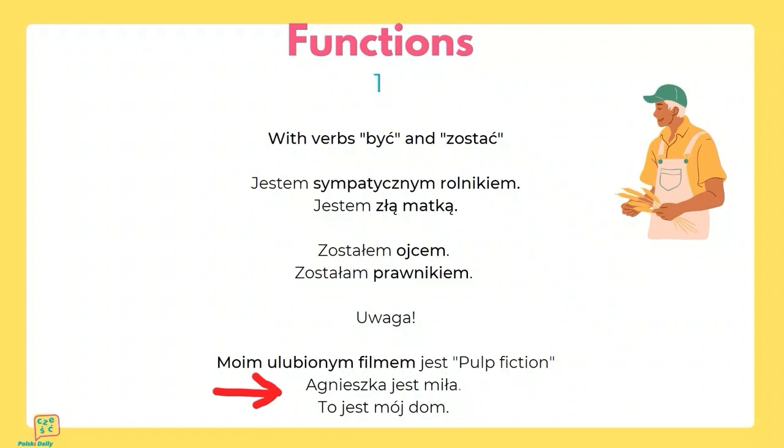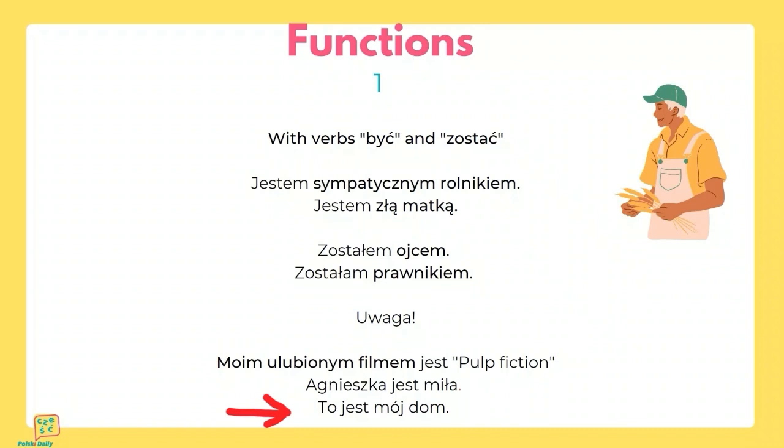Miła here is in nominative case because we don't have another noun. But if you want to say Agnieszka is a nice woman, then yes, nice woman would be in instrumental case. Agnieszka jest miłą kobietą.